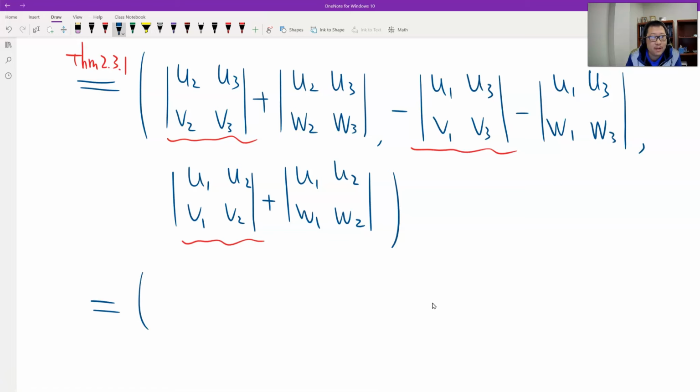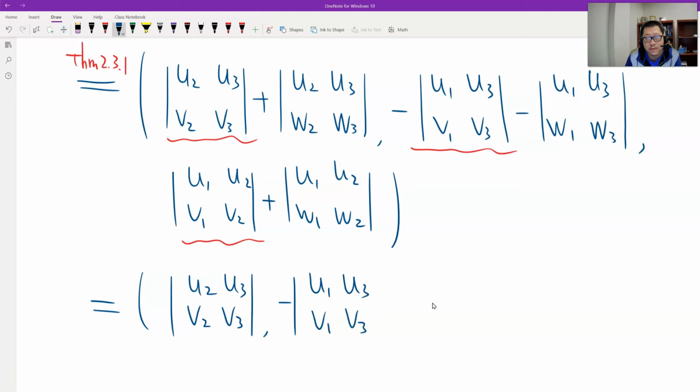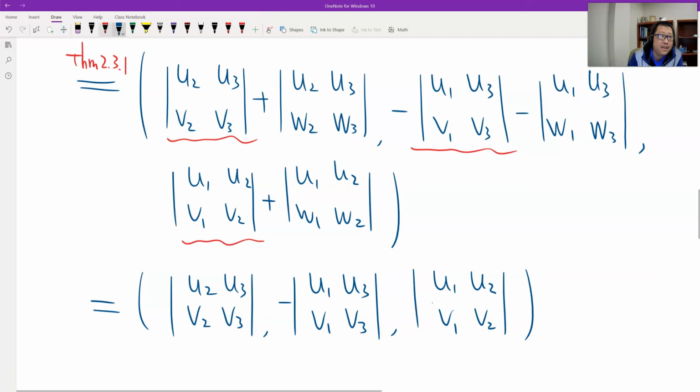Therefore, now it is U2, U3, V2, V3. The first component, the second is negative U1, U3, V1, V3, the third, which is U1, U2, V1, V2. Okay, so the first vector, and then add the second vector, add this vector.